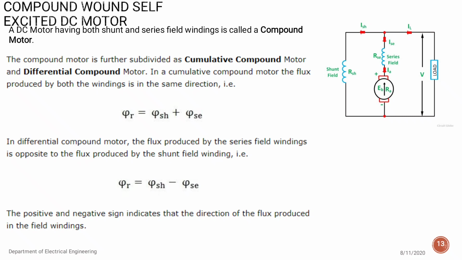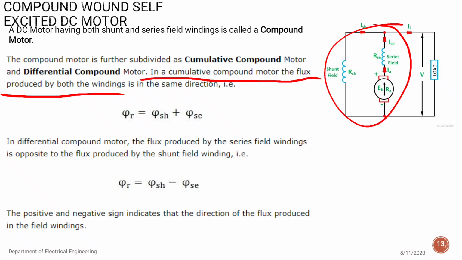See, first read this statement. In a cumulative compound motor, the flux is produced by both windings. Which windings are present here? Two windings: one is the series winding, another is the shunt winding. In a cumulative compound motor, the flux produced by both windings is in the same direction.